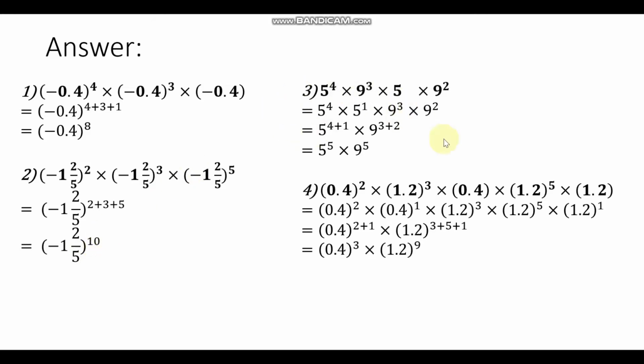The third question here, we have two different bases. The first base is 5 and the second base is 9. So we have to rearrange the bases. Here we don't have the index, so we have to put 1.